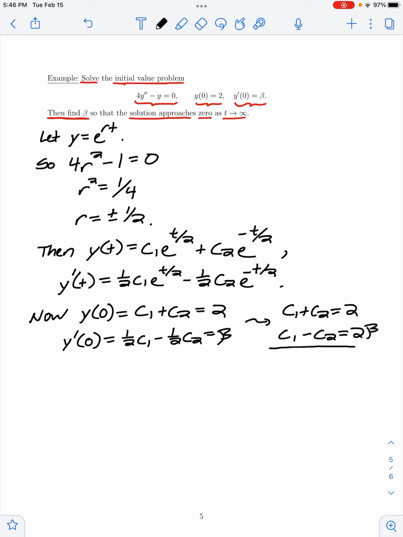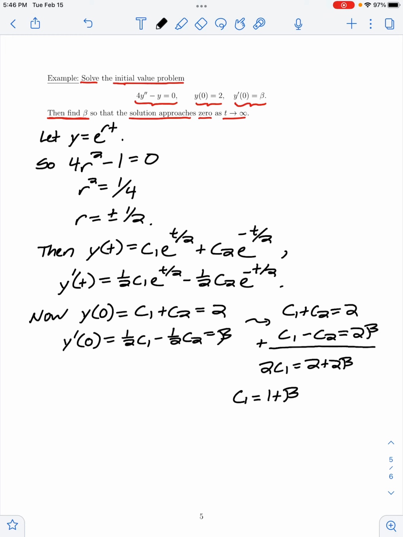And then if I were to add that to my first equation, I see that the c2 terms would cancel. So I find 2c1 is equal to 2 plus 2 times beta, or dividing through by 2, c1 is just 1 plus beta.